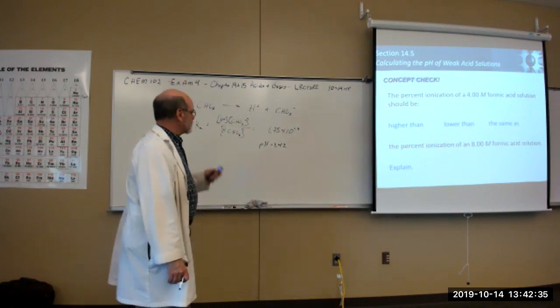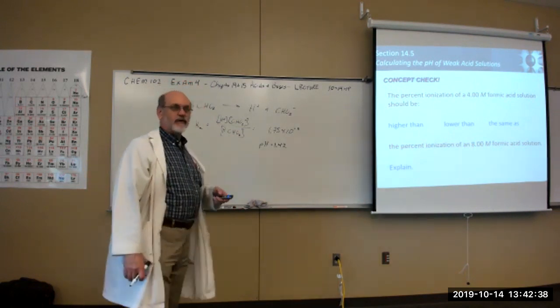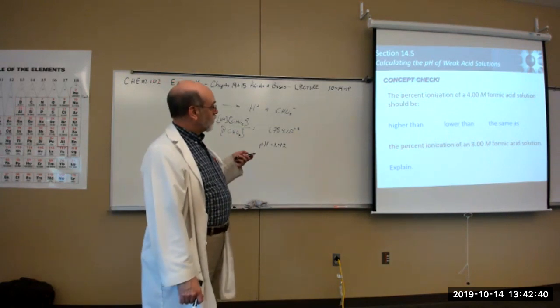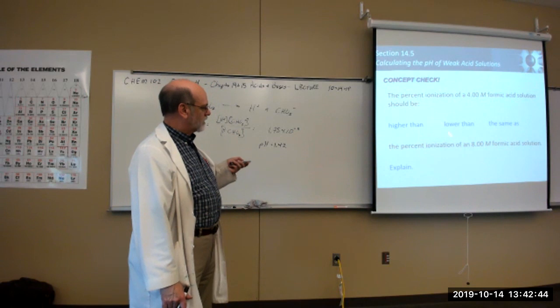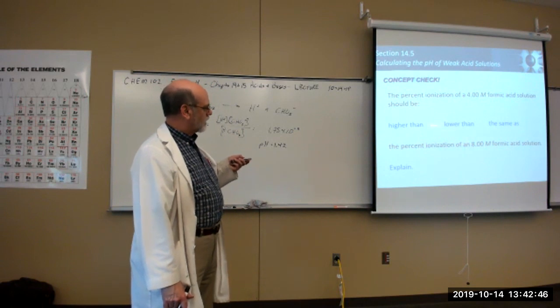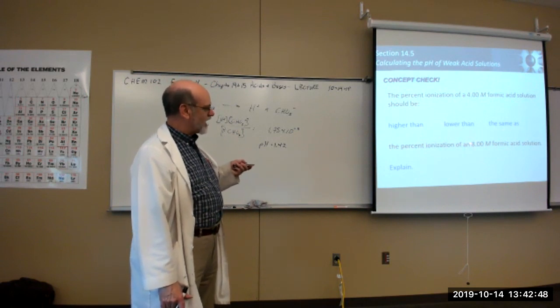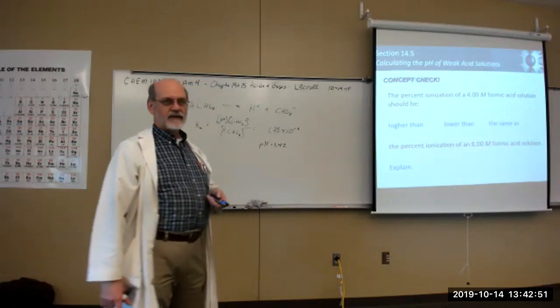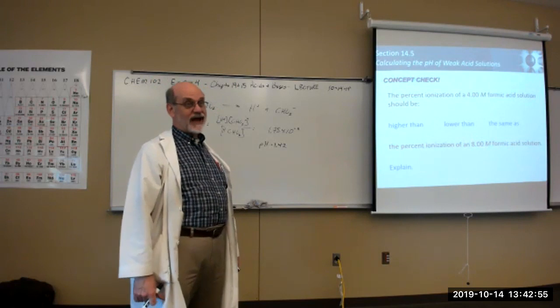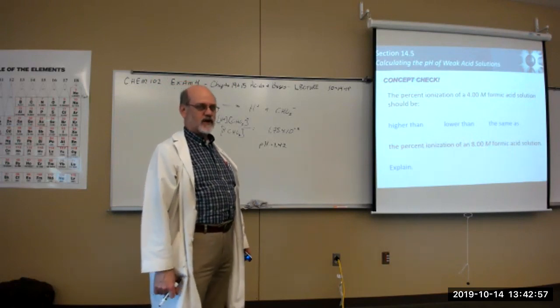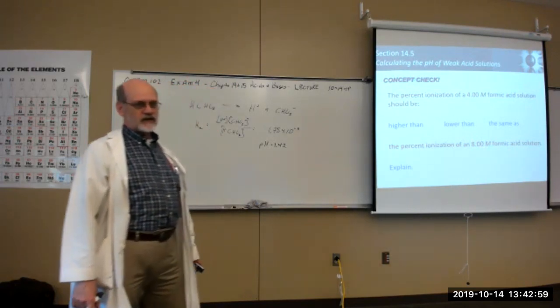The percent ionization, however, varies with concentration. So the percent ionization of a 4 molar formic acid solution should be what? Greater than, lower than, or the same as an 8 molar formic acid solution, based on our rule of thumb? The dissociation should be higher. The lower the concentration, the higher the percent dissociation.